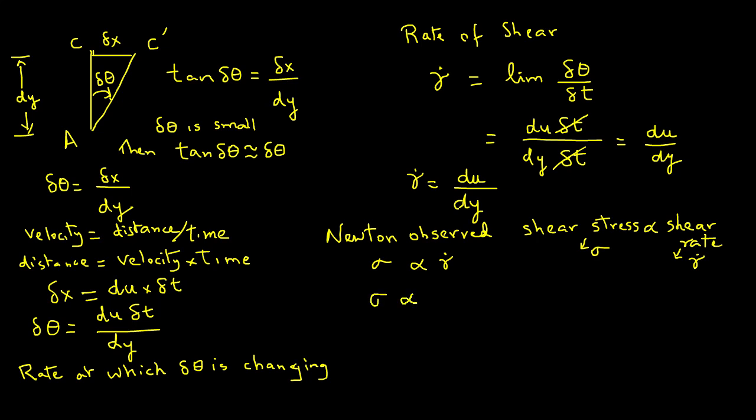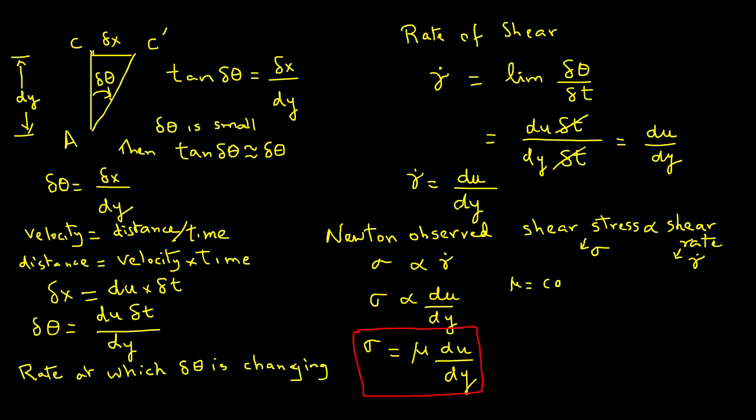Now, if we remove the proportionality, then we have to introduce a constant. And of course, we want to do that so we have an equation that we can use in solving problems. So sigma equals mu du over dy, where mu is the constant. Now mu is called the coefficient of viscosity, and this is what gives us an indication of the flow behavior of the fluid.